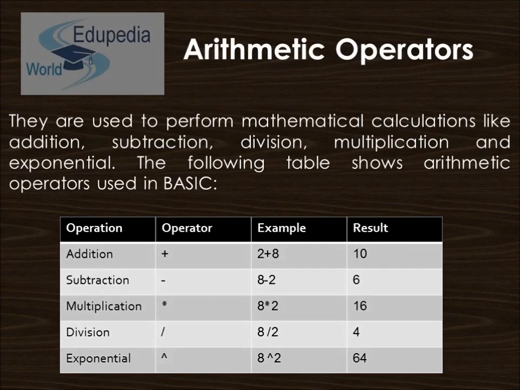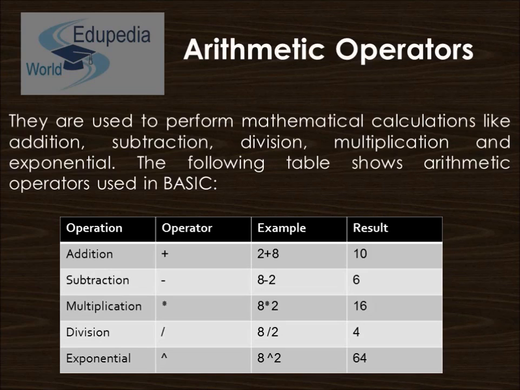First of all, we have arithmetic operators. They are used to perform mathematical calculations like addition, subtraction, division, multiplication and exponential. Following is the table which is showing us the work of arithmetic operators in BASIC.